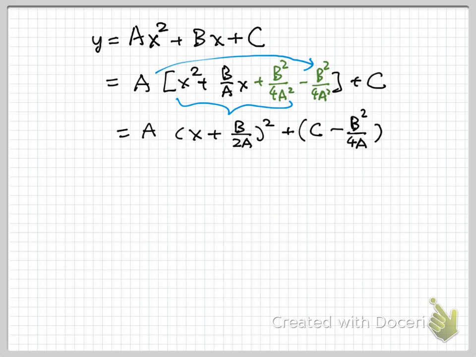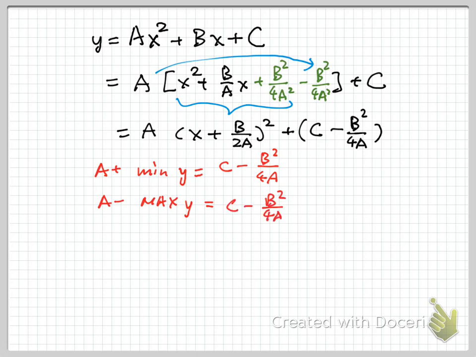So now from here we can read out: if a is greater than 0, if a is positive, then we have the minimum value of y will be c minus b squared over 4a. If a is negative, then we have the maximum value of y is c minus b squared over 4a. And that happens when the complete square is 0, when x is minus b over 2a.